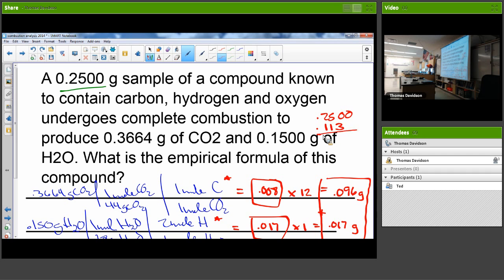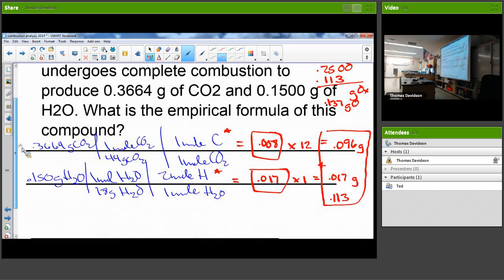The difference between these numbers will be my grams of oxygen. What did we get right here? Point what? All right. That is my grams of oxygen.